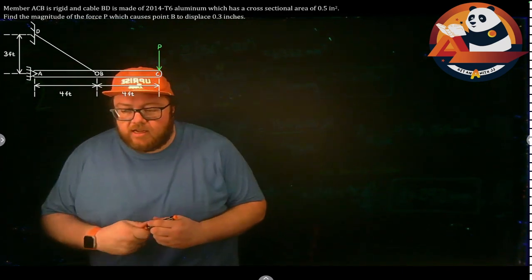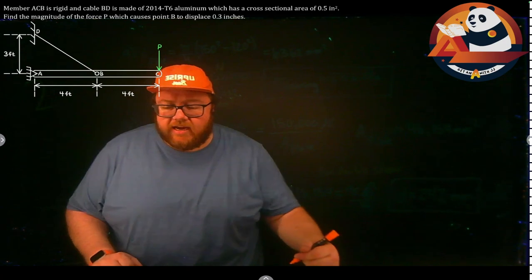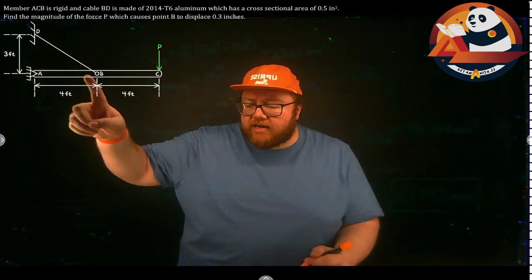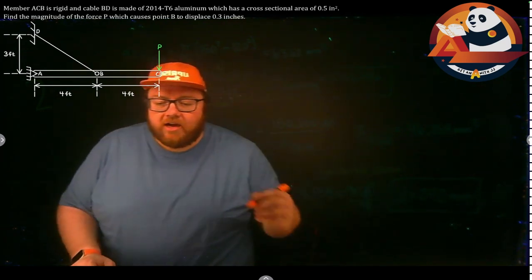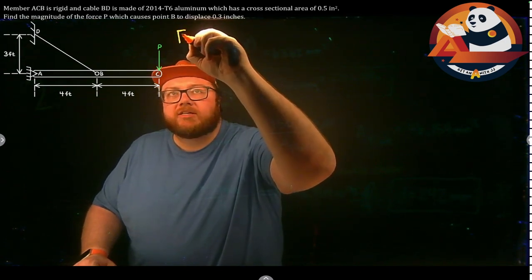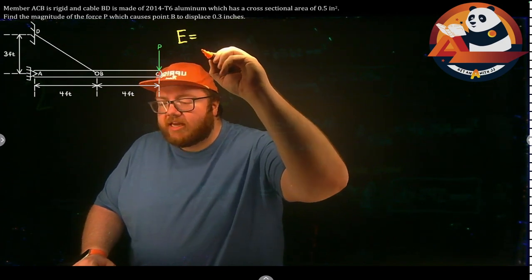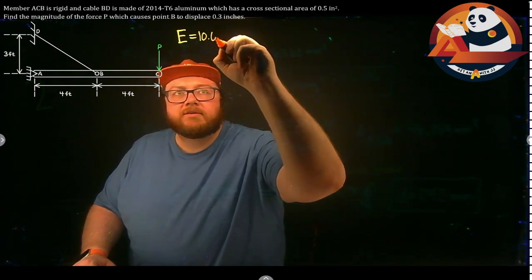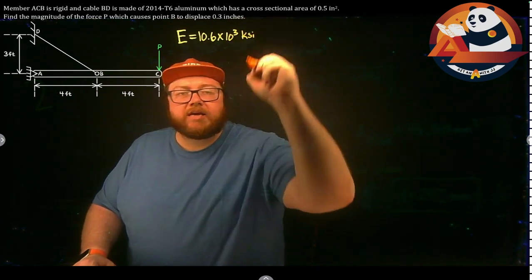If we're tackling this problem, the very first thing we probably want to do is say, I'm given a material here. Let's look in our book, or Google it, and look up the material properties. For this aluminum, our Young's modulus is E equals 10.6 times 10 to the third ksi.